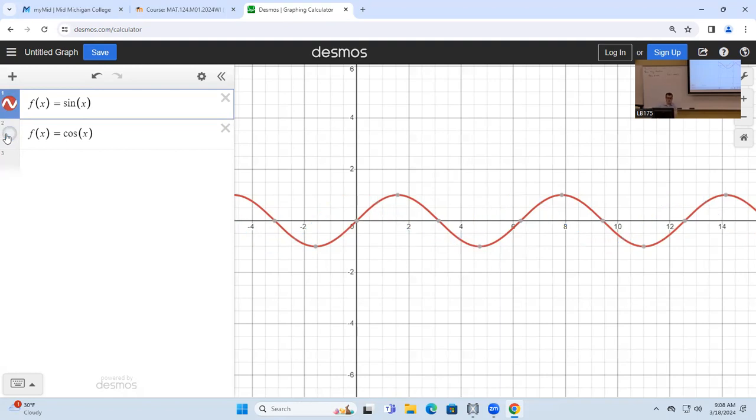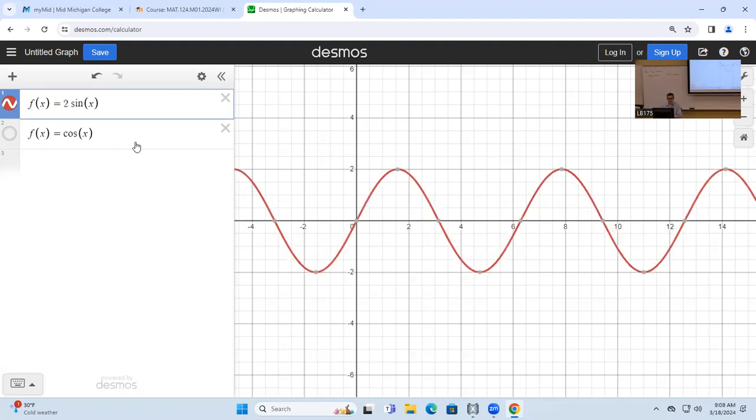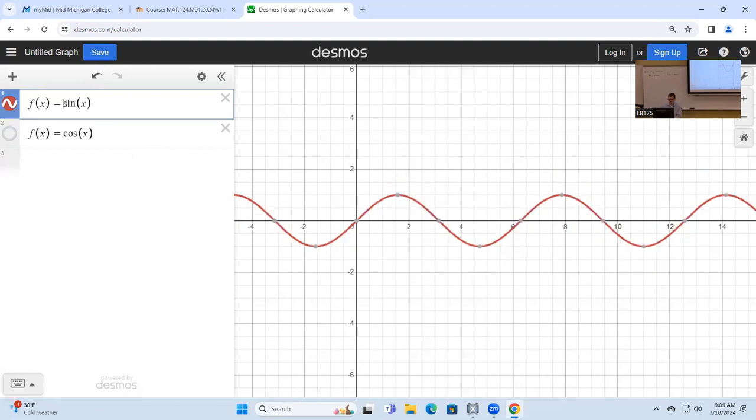Now, what we're going to do to those base functions is we're going to start putting values out front. Let's say we put the number 2 out front. Well, now, I should have probably, let me put number 1 out front for a second. I want you to notice where the sine is 1 and where it's -1.